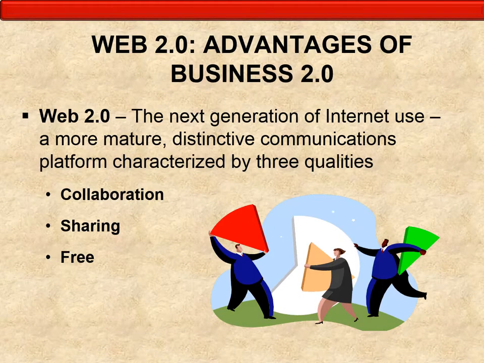So Web 2.0 is the next generation. This is the internet that has grown up a little bit in its adolescent age, I guess, if you wanted to compare it that way. It's more mature, with distinctive communications, and communications is the big focus of Web 2.0, because with communications you have things such as collaboration, sharing, and the word free comes into play on that.